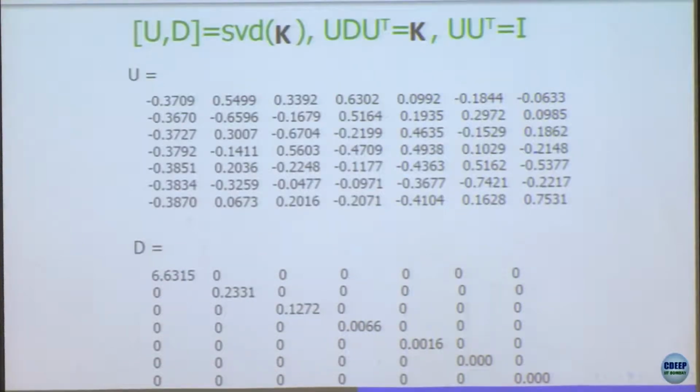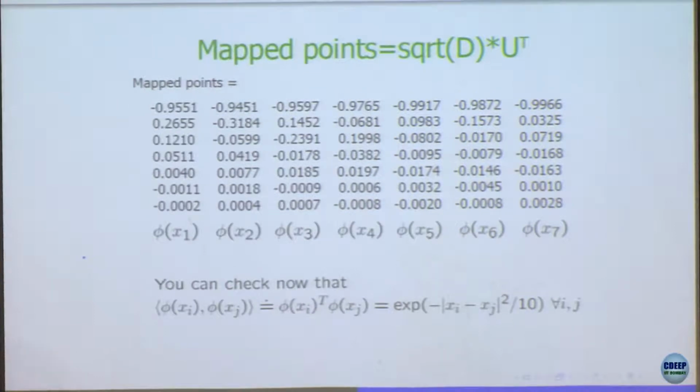I do the singular value decomposition, I get U and D. D is basically sigma. I get these weights, and now I take square root D into U transpose. I am saying that these are my phis. The columns in this matrix R are my phis.